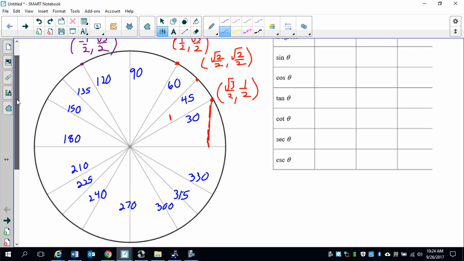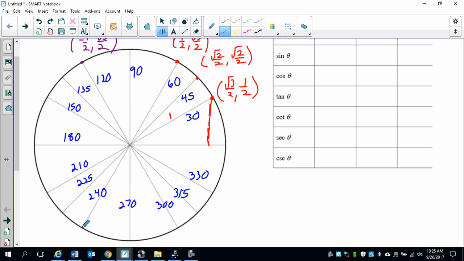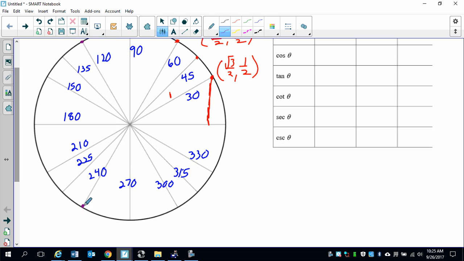And then when we come down here to 240 degrees, now x is still negative 1/2, and now the y value is also negative square root of 3 over 2. And then as we pop over here, okay, the x value goes back to being positive, and the y value stays negative, okay? So if you look at all 4 of those points, those are all reference angles right there because the x values are the same, and so are the y values, just the signs might differ.